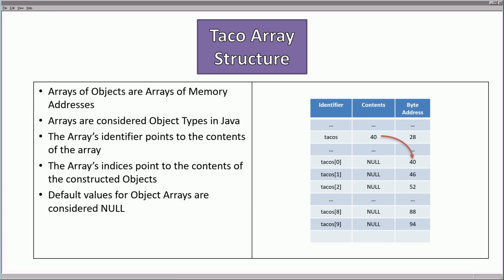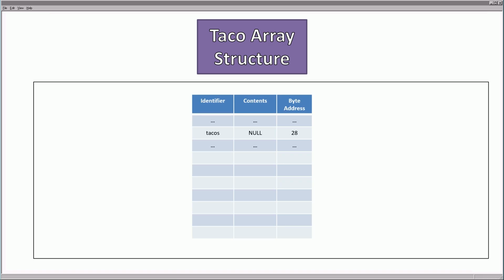Now also, when you construct an array, Java assumes default values, and the default value for an object is always the memory address null. So when this array is constructed, all of the objects are initially set to null. Going into more detail, the name of our identifier, the name of our array is tacos.